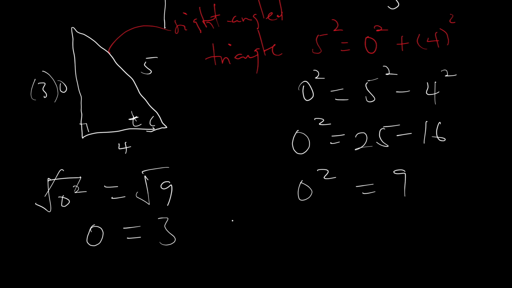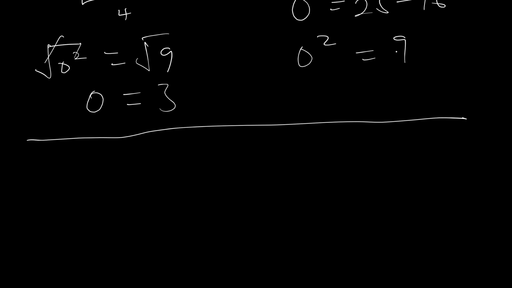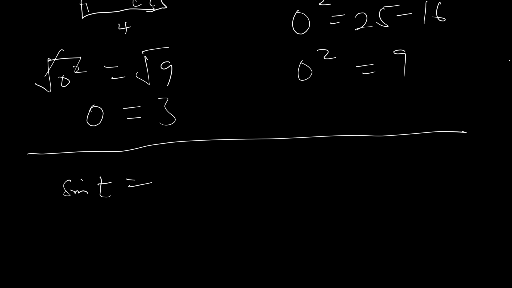Now to find sine of t, we know that sine is opposite over hypotenuse. So sine t is equal to opposite, which is 3, over the hypotenuse, which is 5.